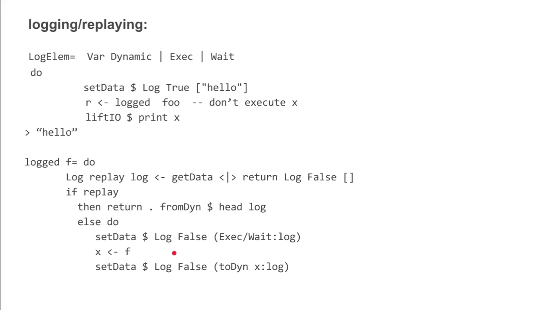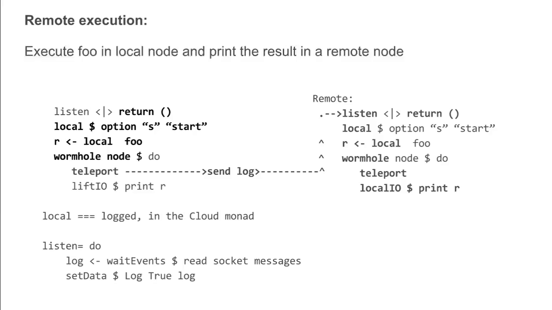Remote execution is the main usage of logging. Let's look at this simple example. First, as always, I use the primitives before defining them to let you get an intuition of what we intend to do.